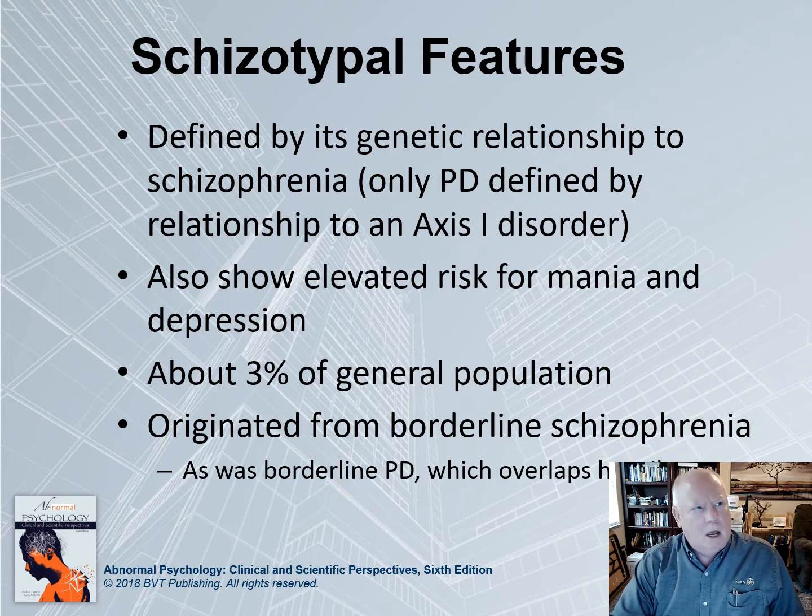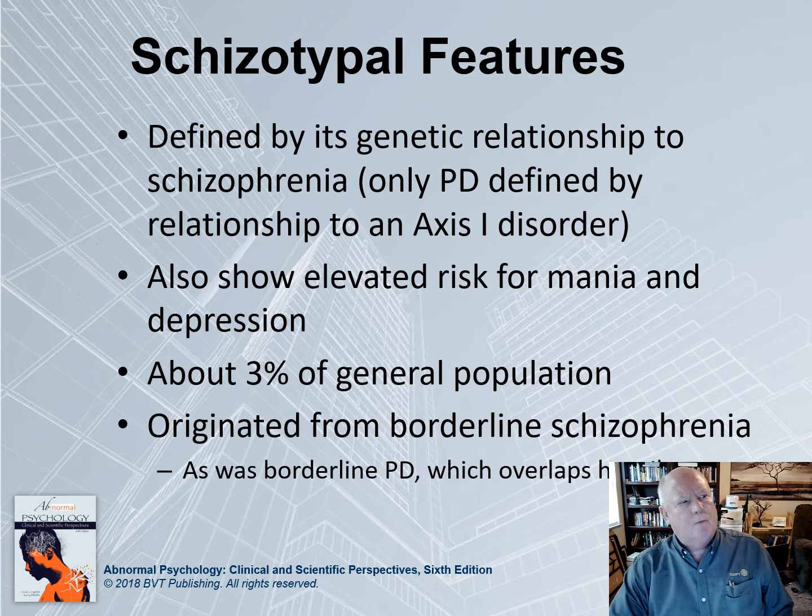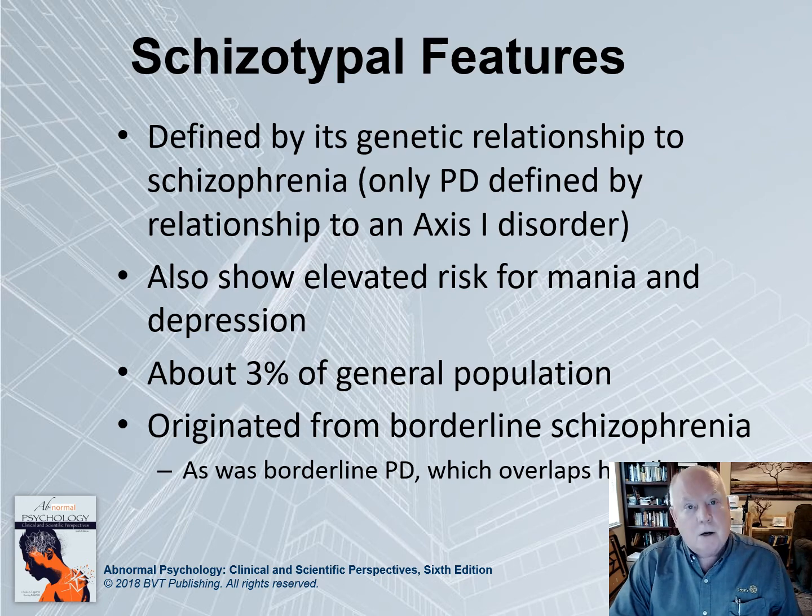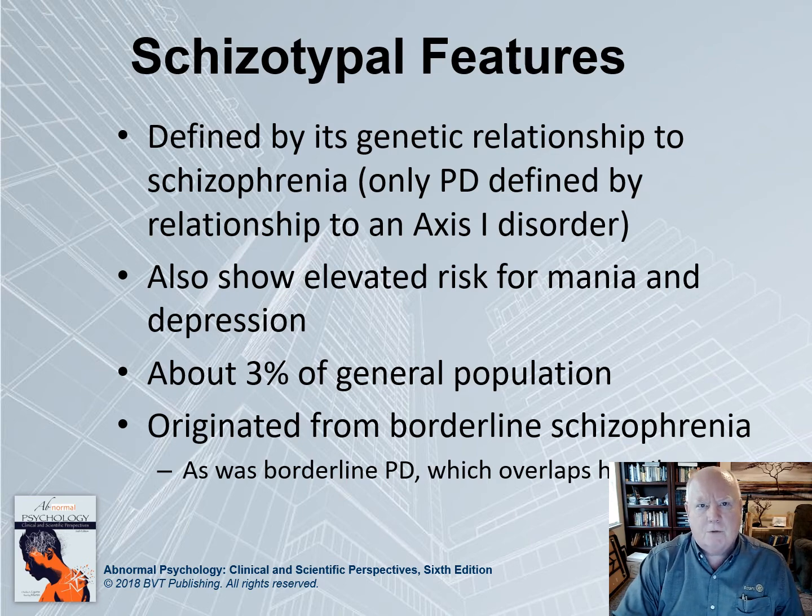qualifies. I want to talk about a historical fact here that I think is very interesting. It'll help us to understand an issue. For many years, we recognized that there seemed to be people who had some of the features of schizophrenia, but usually didn't develop schizophrenia. We had lots and lots of names for them.